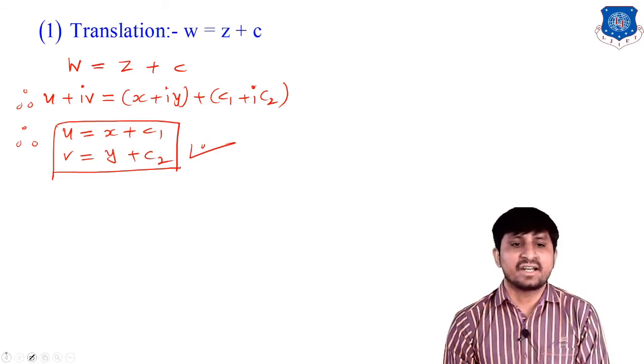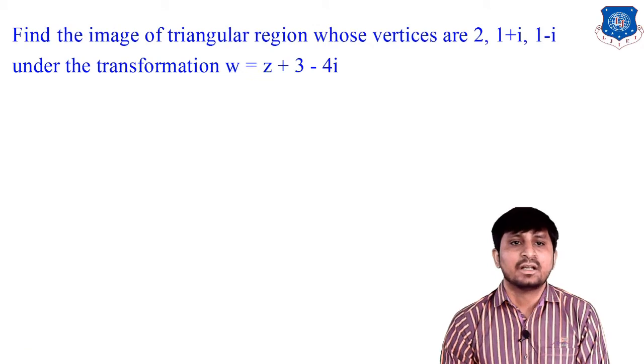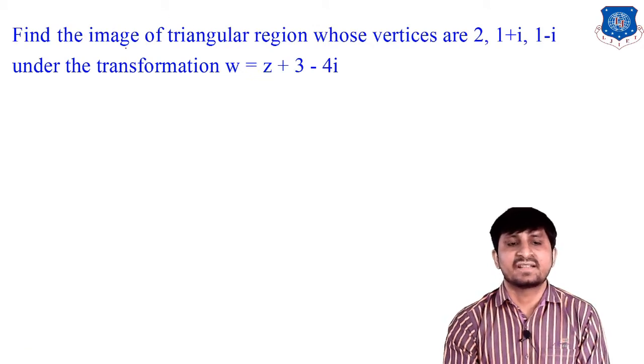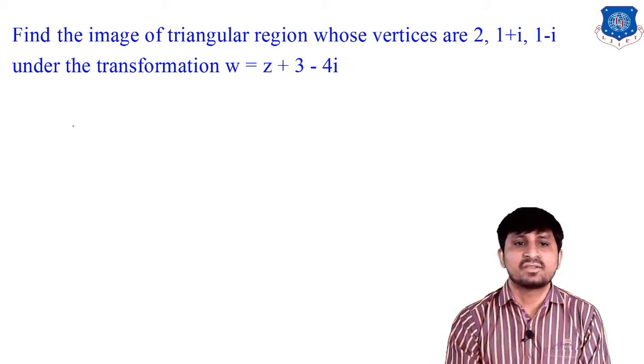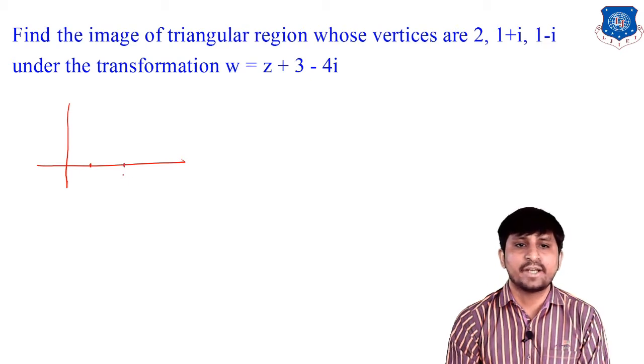So let's try to understand some examples. Suppose this is my first example. Find the image of the triangular region whose vertices are 2, 1 plus i, 1 minus i. So try to understand first of all the figure in z plane, right? So 2, that means here we have a point 1, and this is my point 2, 0. After that 1 plus i, so 1 plus i here, right?